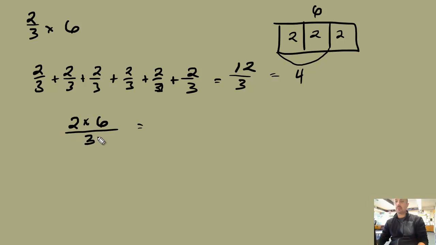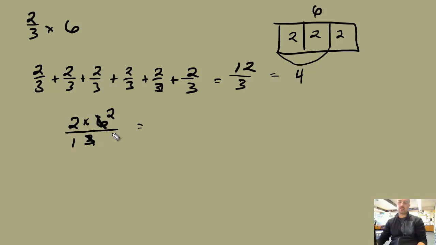So we would say, do any of these share factors? I know that 6 and 3 here, they're friends. They're like buddy numbers. They do share some factors. I can count by 3s to get to both of these numbers. 3 divided by 3 would be 1. And 6 divided by 3 would be 2. And I can cross those off and put these numbers in their place.